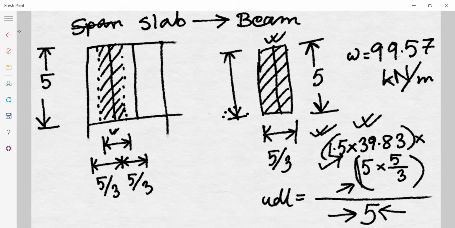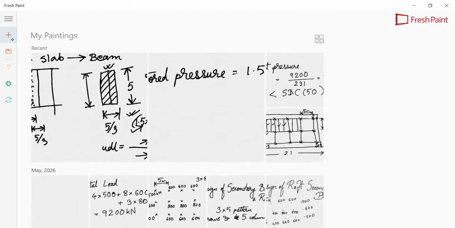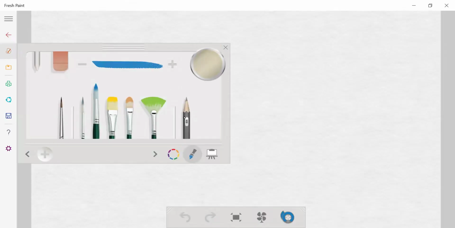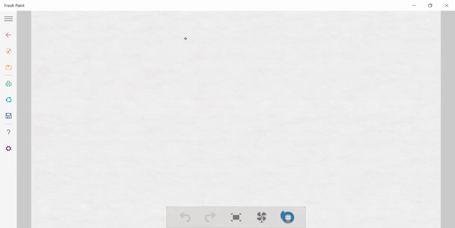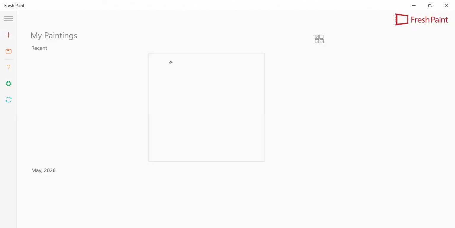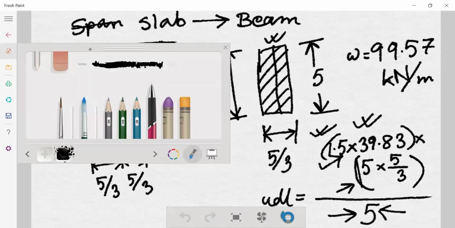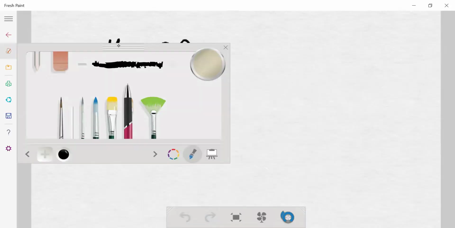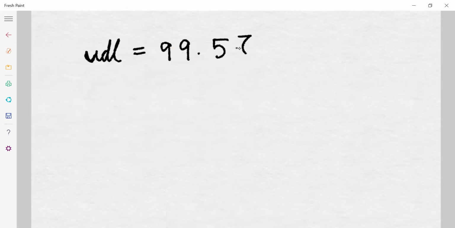So this beam will have a UDL of 99.57 kilonewton per meter.